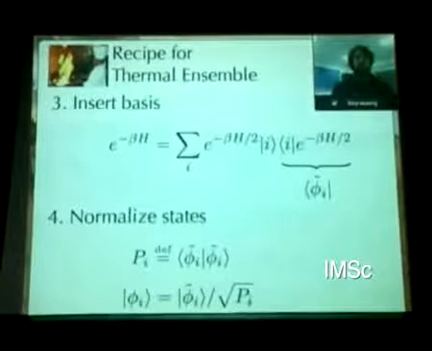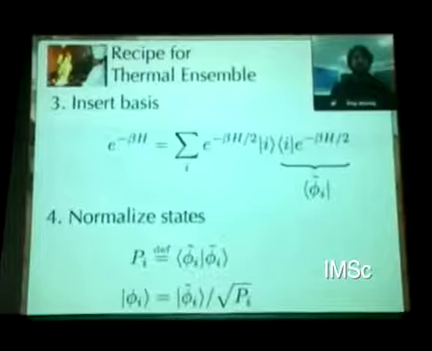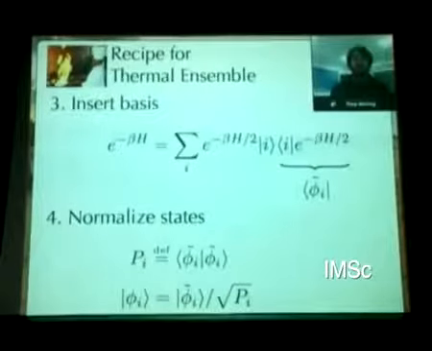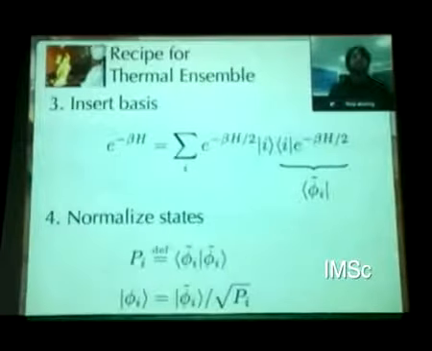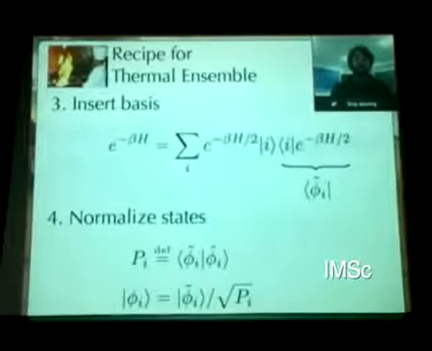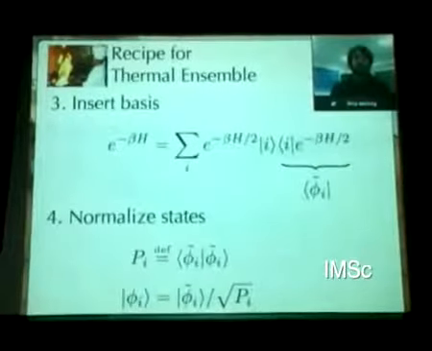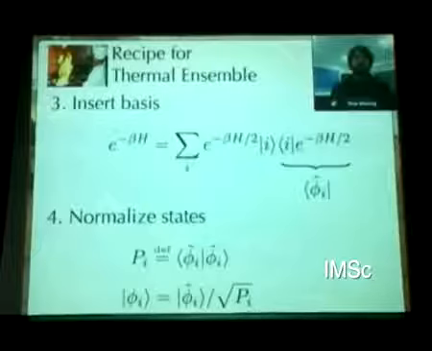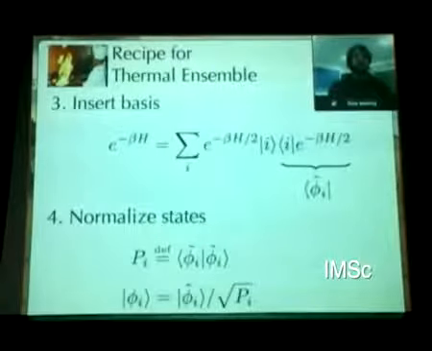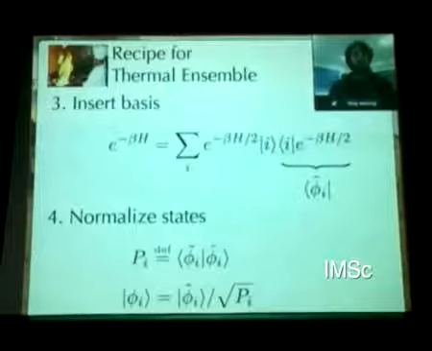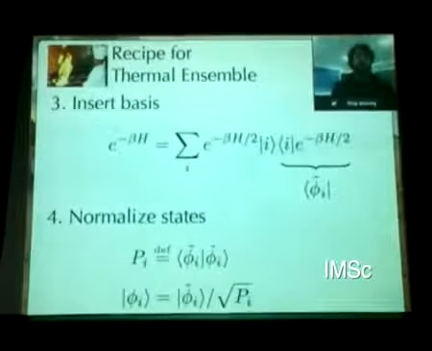The question was, where did this beta h by 2 come from? As I understand it, you want to sample e to the minus beta h, so what you're doing is taking the square root. Why? Because you want to then go to these classical states. If you don't do this factorization, you always work with the operator.